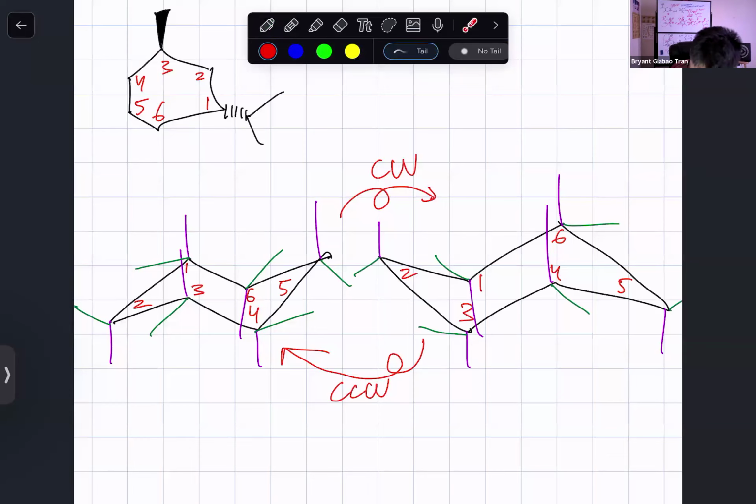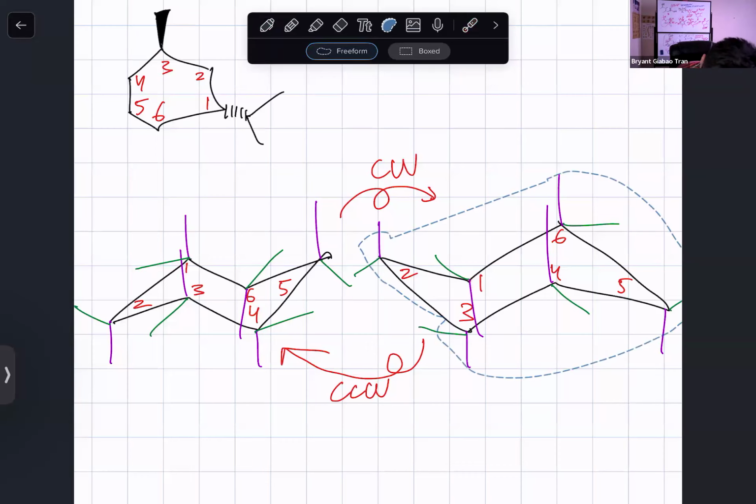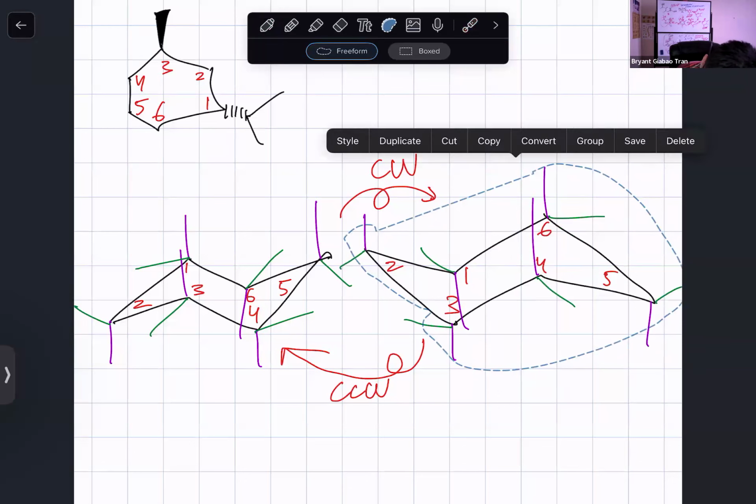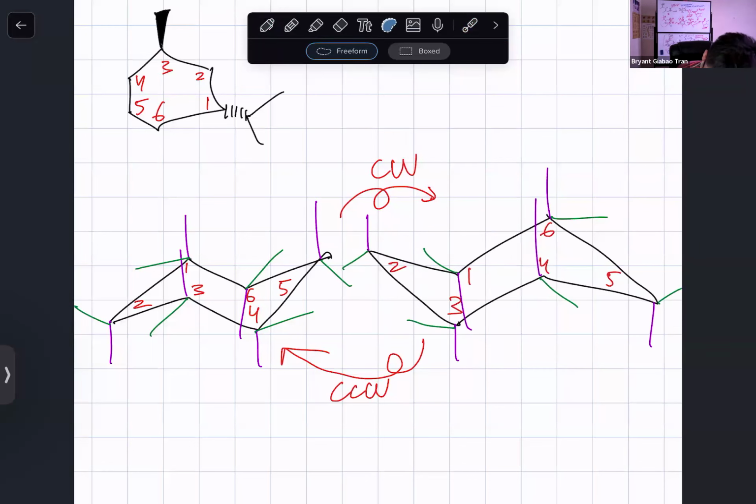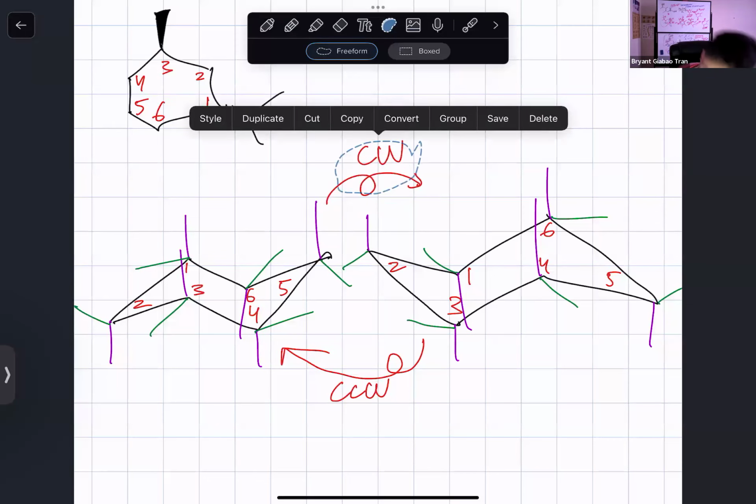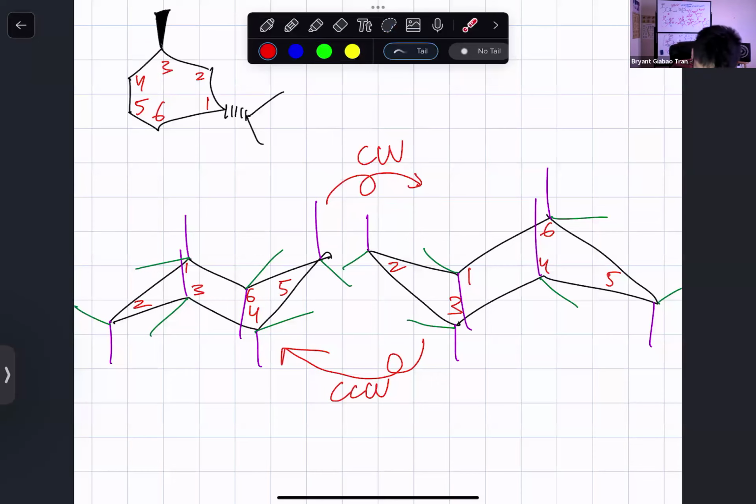Now, if we look at this other chair flip here at carbon 1, what bond is going up, axial or equatorial? Equatorial, right? So we see that at carbon 1, the up bond changed from axial to equatorial.